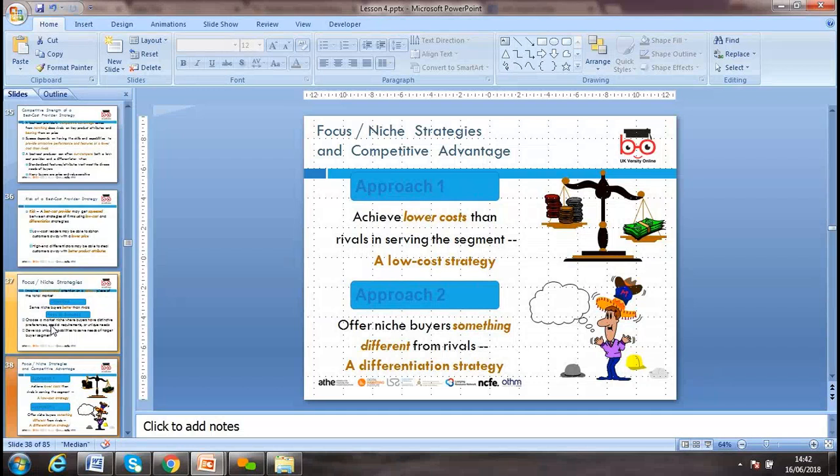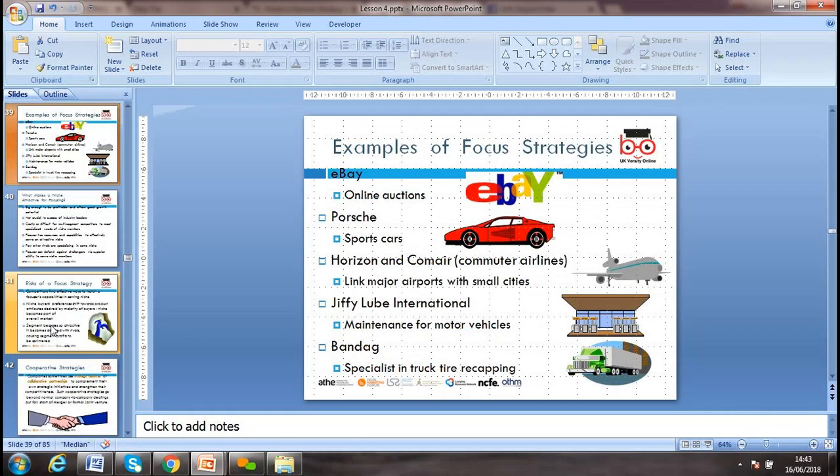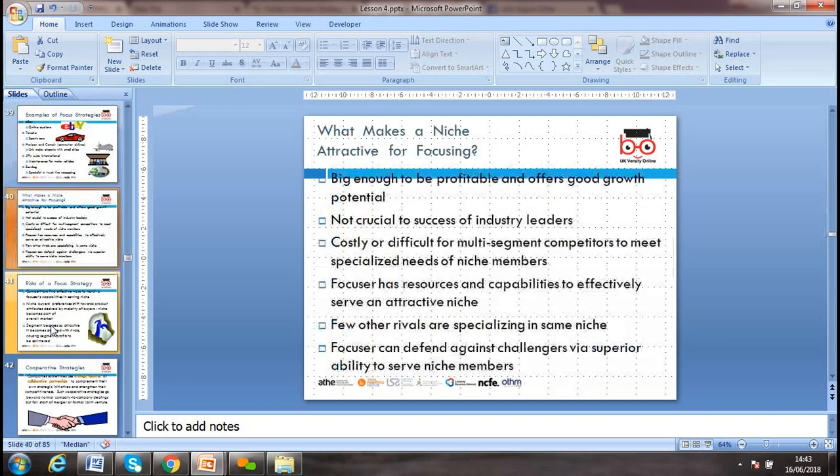Second, offer niche buyers something different from the rivals. Niche buyers means you're just focusing on some element in a small, niche market, so thus we can focus. eBay is an example of a focus strategy: eBay online auction, Porsche sports cars, a computer airline, and a vehicle maintenance firm, a specialist in trucks. So all of these we can look around, they can niche.